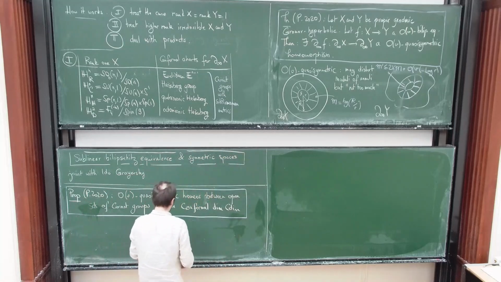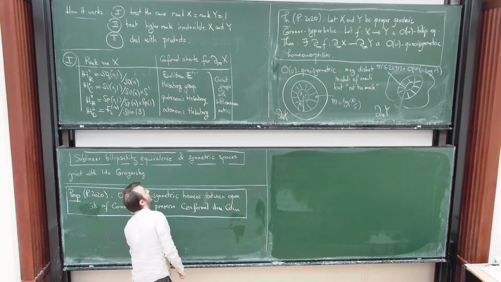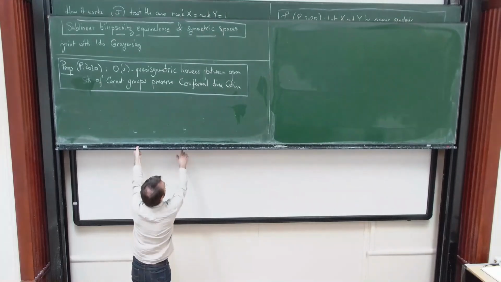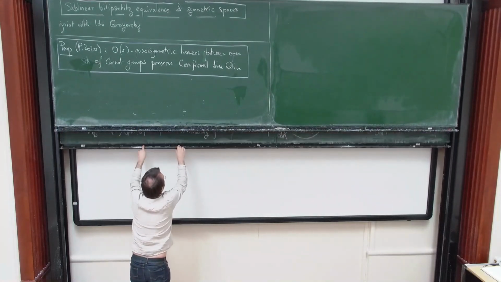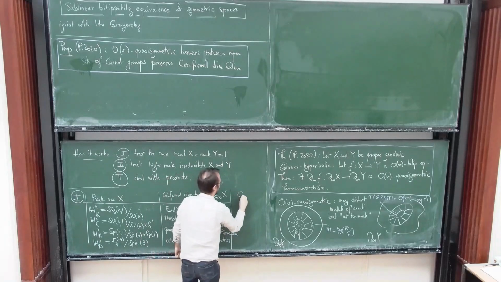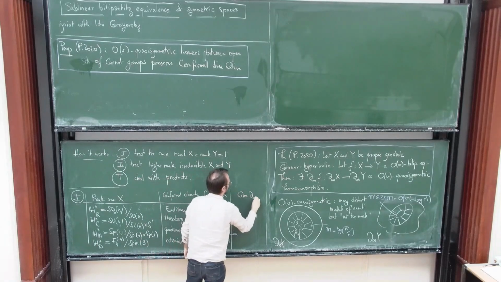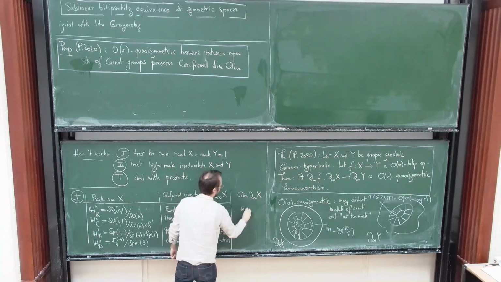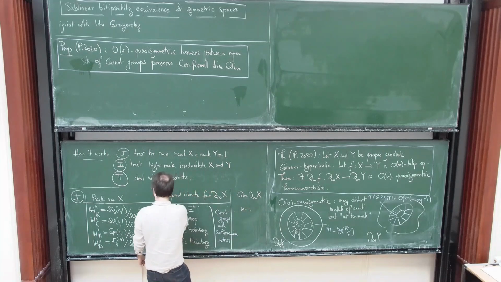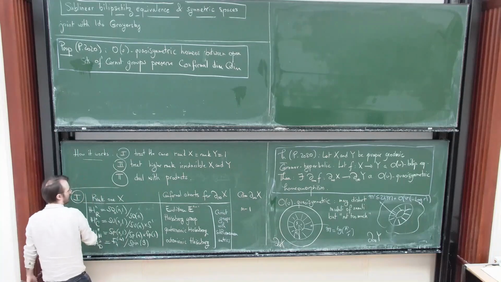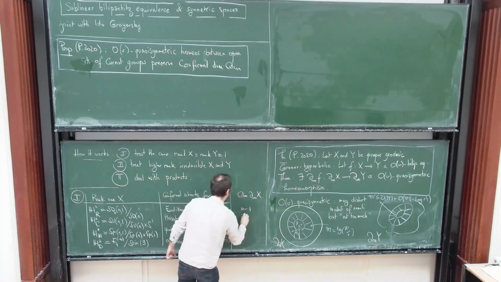And now the conformal dimension, I should have plotted it in the table. So CD of the boundary. Here it's just n minus 1. But here it's 2n dimensional, so it's 2n.